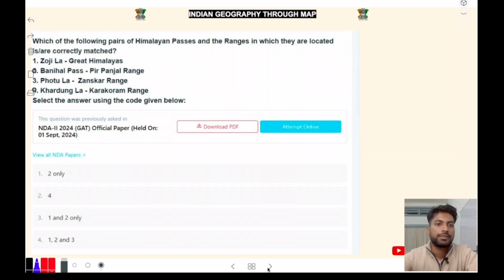Next, now see, which of the following pairs of Himalayan passes and ranges are correctly located? देखो, NDA में आया है, NDA National Defence Academy. If you want to join, you can't join now because NDA is for around 16.5 to 19 years, इतना में होता है.